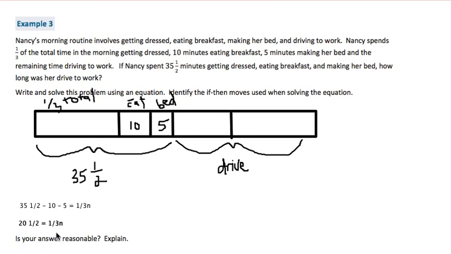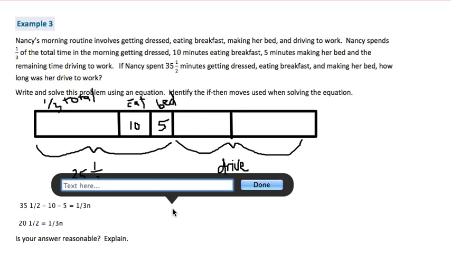And then to solve, if 1/3 times n is equal to 20.5, then let's write our if then.